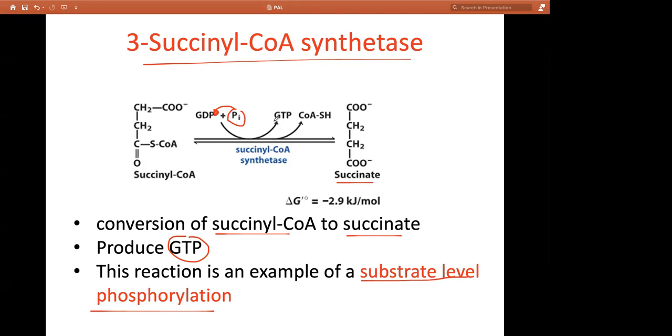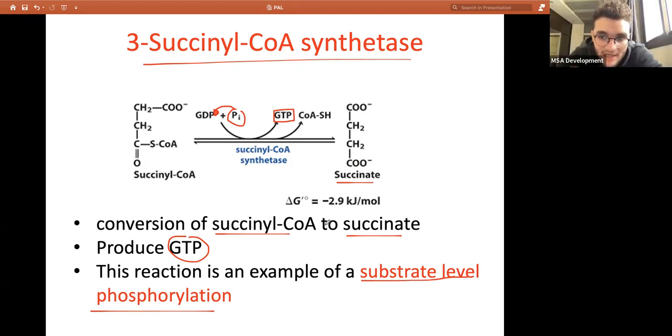If you want to form a GTP or ATP, you're going to need the phosphate, because GTP has 3 phosphates and GDP has 2 phosphates.